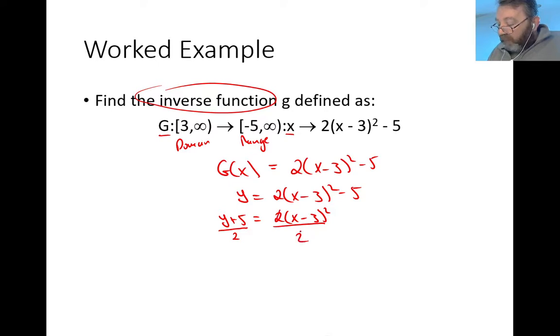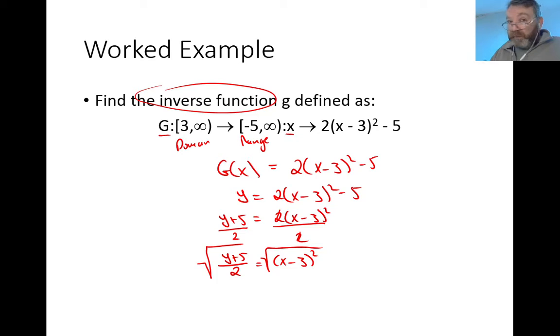And if I divide by 2 on both sides, I get y plus 5 over 2 is equal to x minus 3 to be squared. Now, the next thing to go is the square. So in order to get rid of a square, we take a square root on both sides. And please don't forget that because you're dealing with an equation, whatever you do on one side, you've got to do to the other to keep the equality, to keep it balanced.